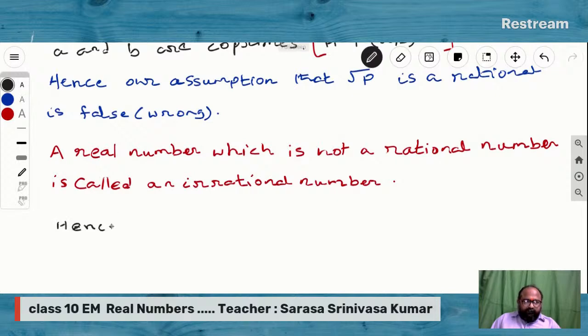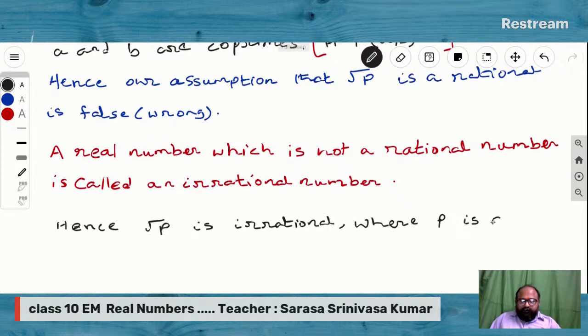Hence square root of p is irrational, where p is a positive prime number.